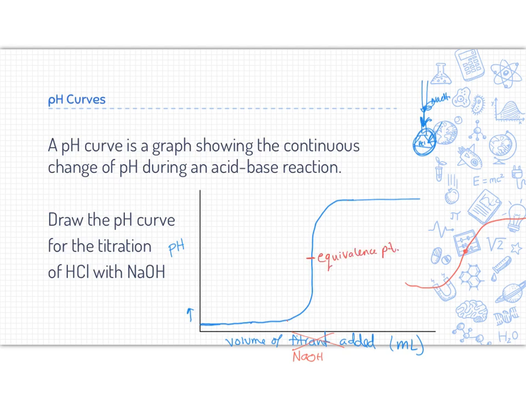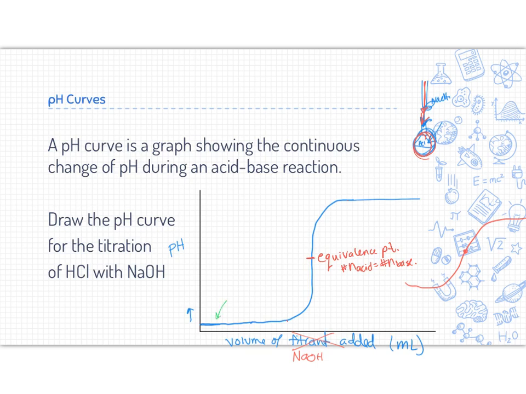It's when the number of moles of acid is exactly equal to the number of moles of base, meaning we've added the perfect amount of titrant, that we've neutralized all of our HCl, but we have not added more NaOH than necessary. So there's no limiting or excess. We've used up both.